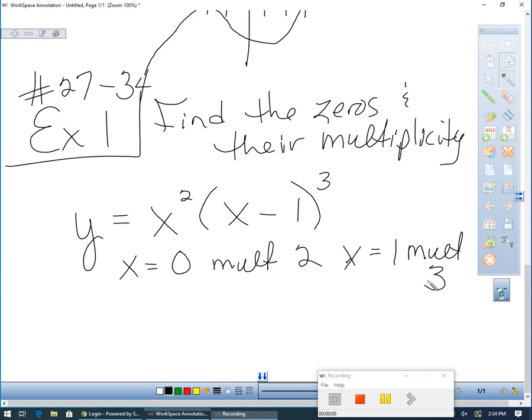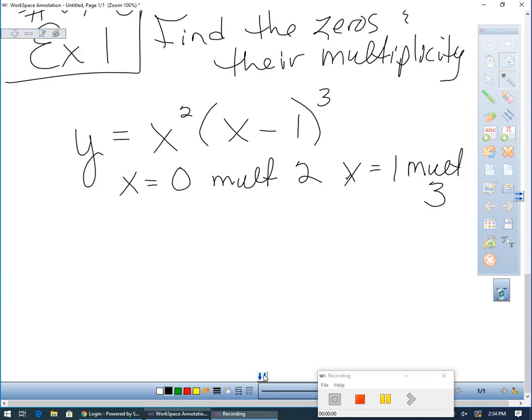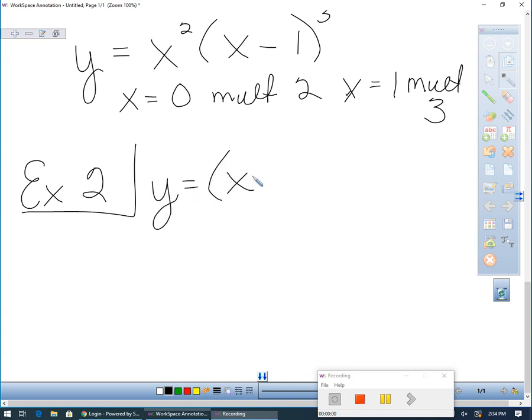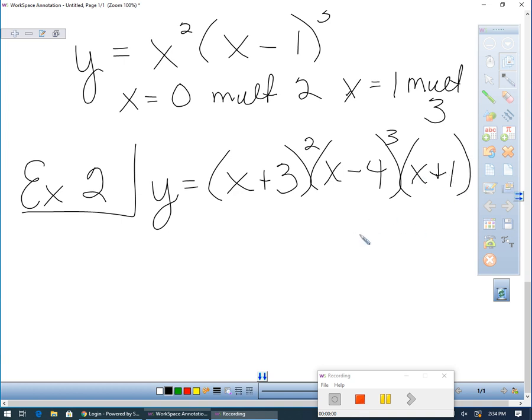Right. So let me do one more. Yes, but just a second. Okay, yes. So, example number 2, same directions. If I have, for example, y equals x plus 3 squared times x minus 4 to the third times x plus 1. Something like that, Steph?